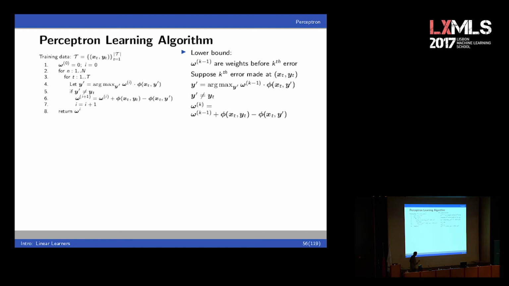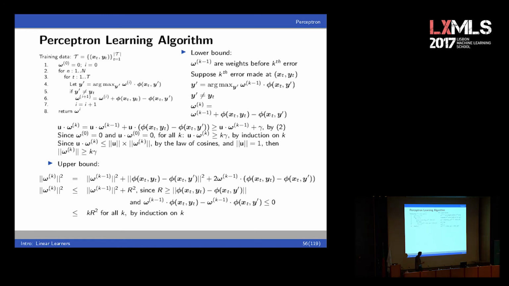So what we do is, by calculating the lower bounds, we assume that the weights w at step k minus 1 are the weights before we make the k-th error. So making an error means that we are not predicting the right label. Then under this assumption that we are making an error, we can use assumption number 2. So this is our basic assumption, that the training data are separable, and plug it in here.